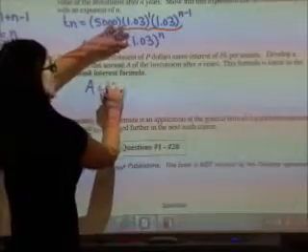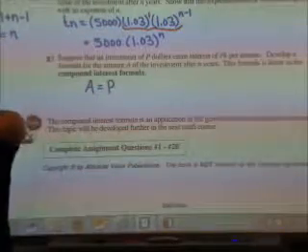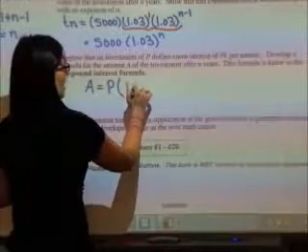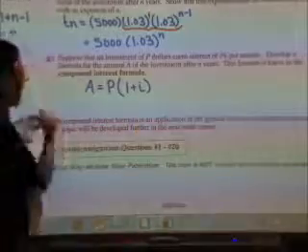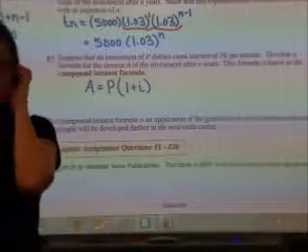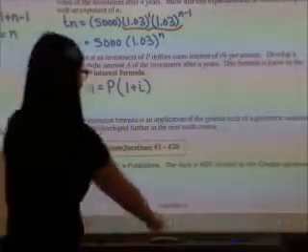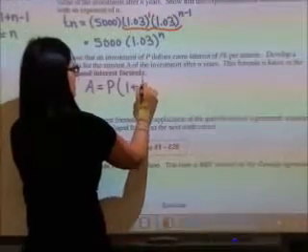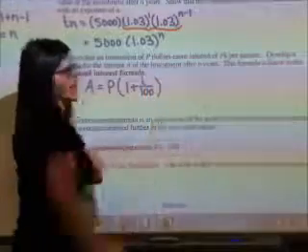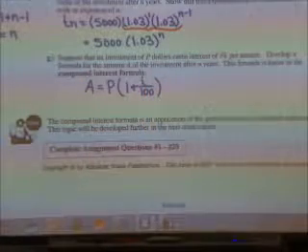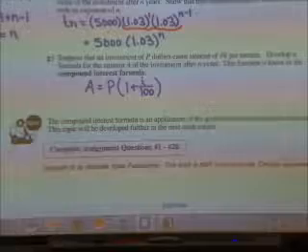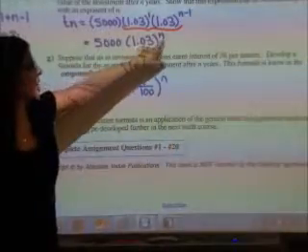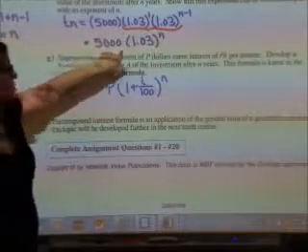That's my principal, my P amount. And then I have my interest, which I'm going to take and add to 1. Or I guess, because I is given as a percentage, I have to divide it by 100 first. So I have to take my interest, convert it to a decimal, and then it would be to the power of n, just like what we did in this equation here.